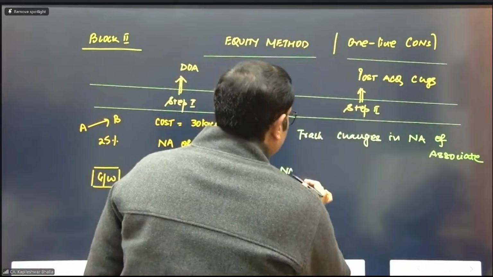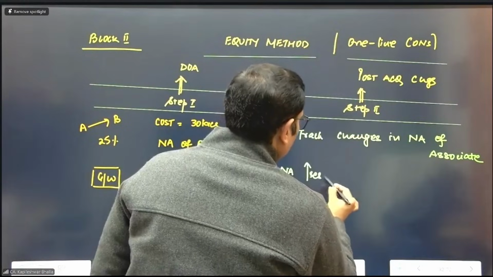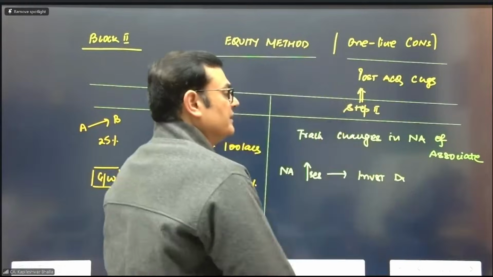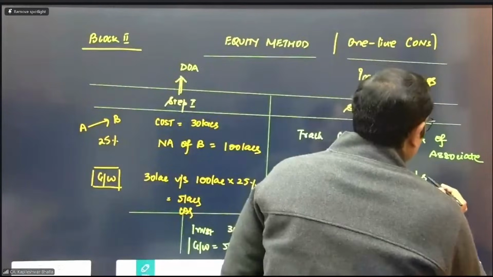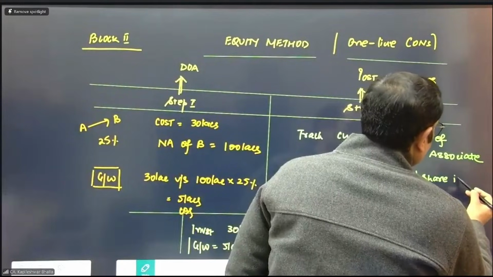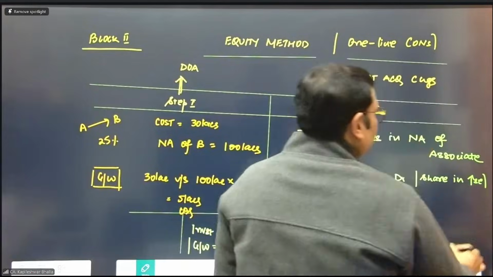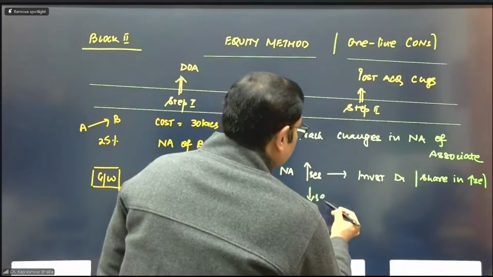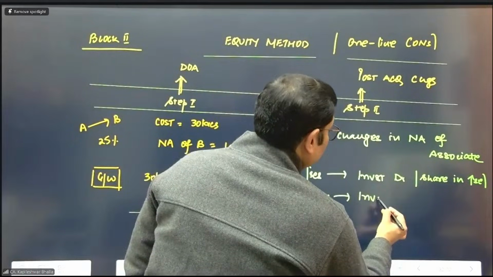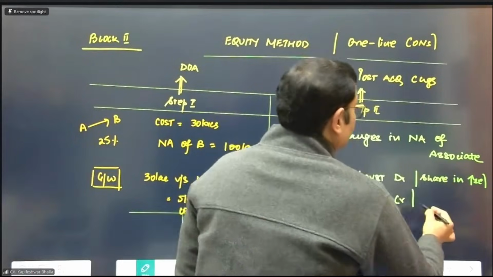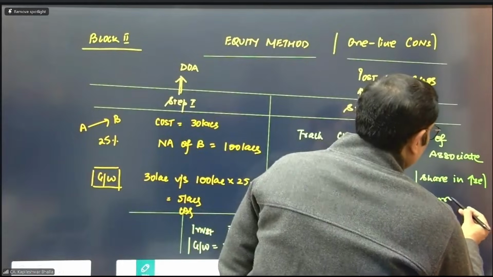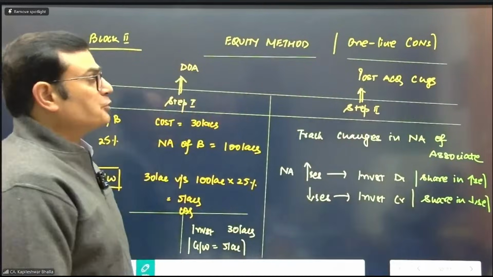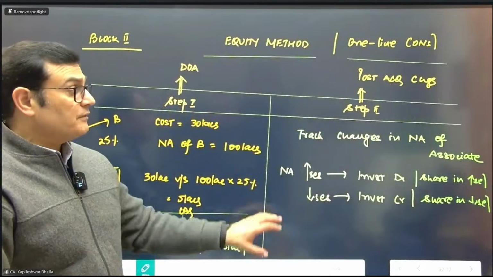If the net assets go up, we will debit the investment, increase it, but to the extent of share in that increase. And if the net assets decrease, then I will credit the investment, again to the extent of share in the decrease. So you need to basically capture the changes in the net assets of the company.